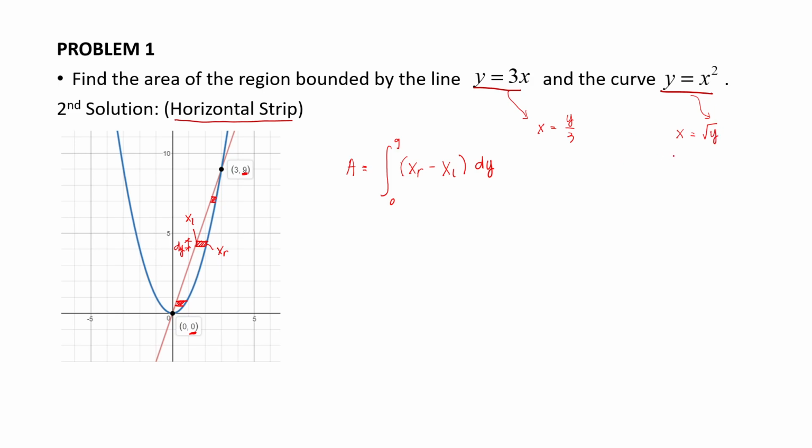This one is the blue graph, the parabola, and it refers to x right. Then the other one is the red graph, so I just changed the color, for x left.